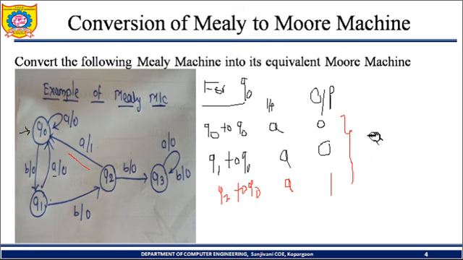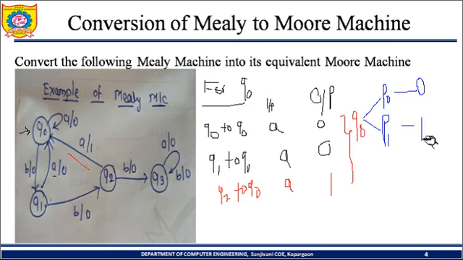So we have to split the given state Q0 into 2 output states, that is a 0 output state and a 1 output state. Let's split that Q0. Let us say I'll rename this as P0, which indicates the 0 output state, and I'm going to split it into one more state, P1, which indicates the 1 output state.